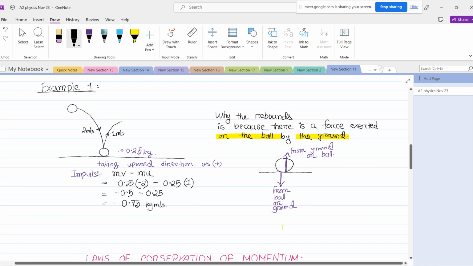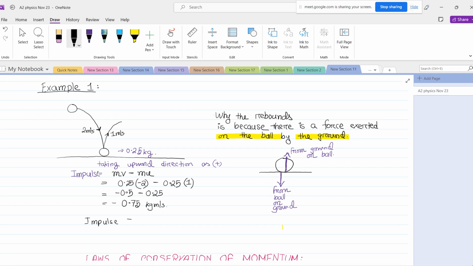So using that impulse, we have already calculated impulse to be 0.75. Now impulse can be written again in terms of force and time. Time was 0.1, so the force would be 0.75 over 0.1.